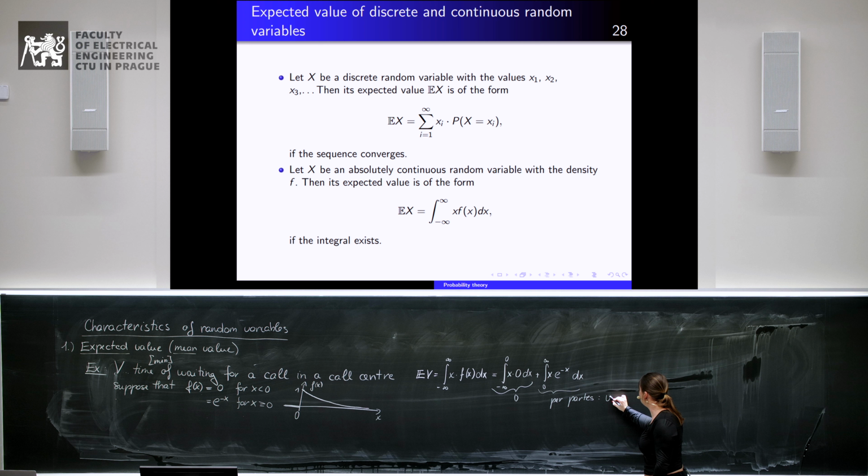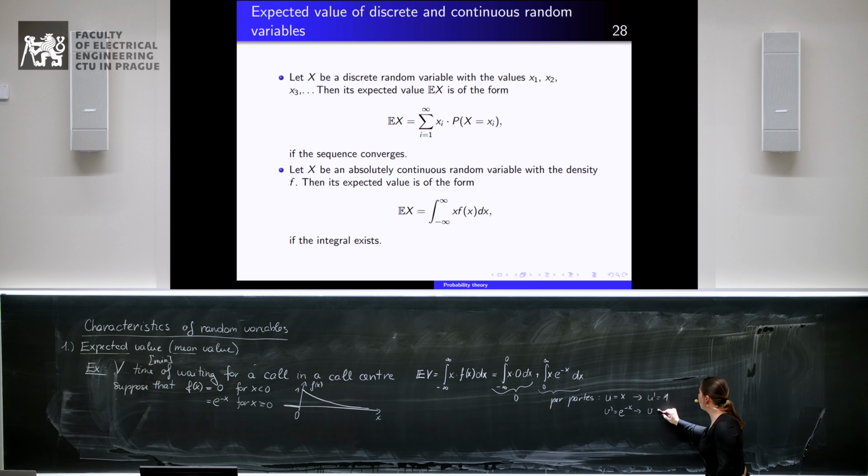It means that one of the functions is denoted as u, and we calculate its derivative, which is 1. The second function from the product is denoted by v derivative, e powered by minus x, and we calculate v, which is equal to minus e powered by minus x.